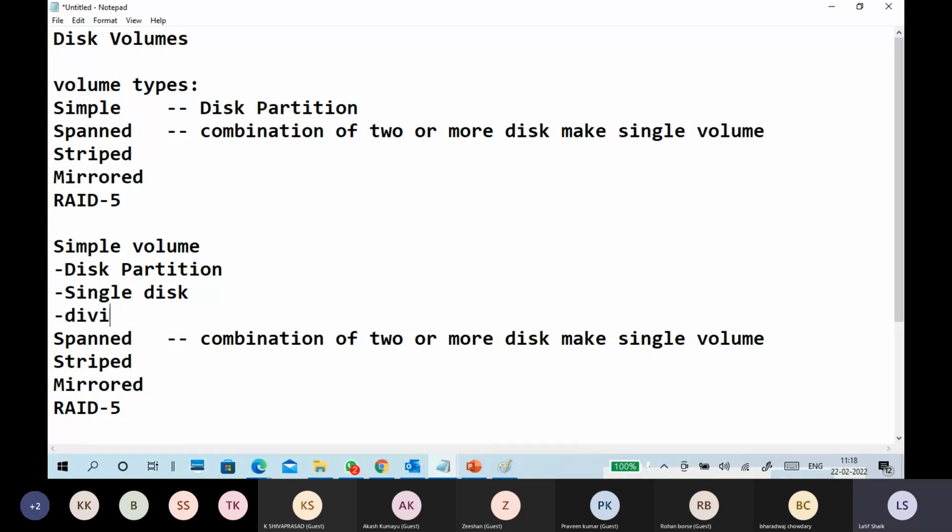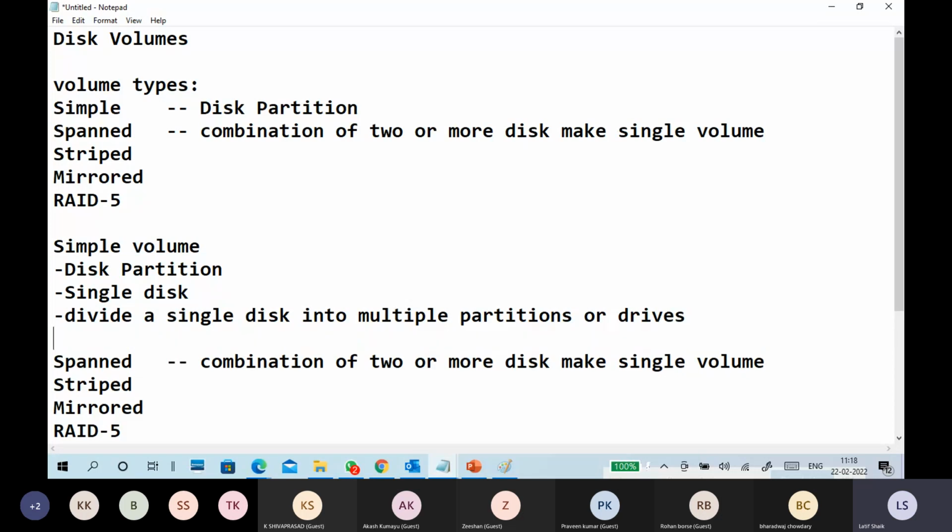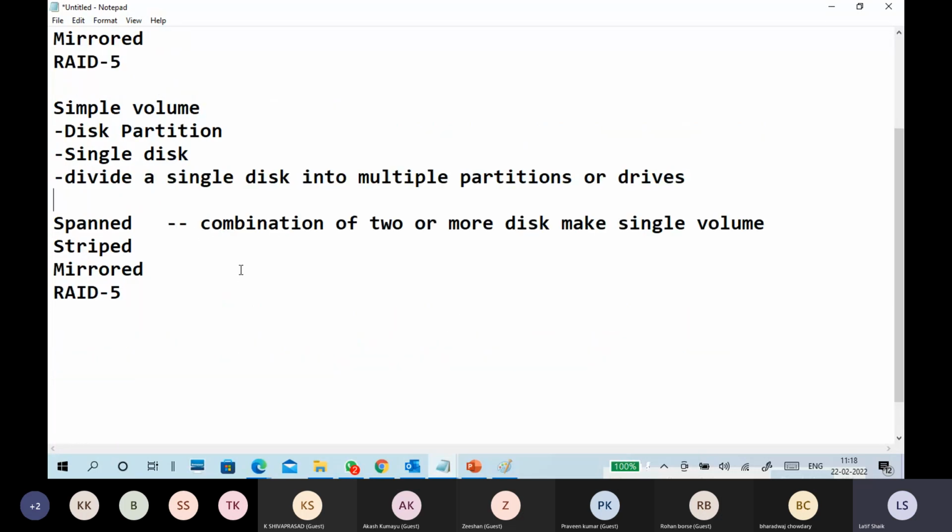Otherwise, you can say we divide a single disk into multiple partitions or drives. So that is called a simple volume only.